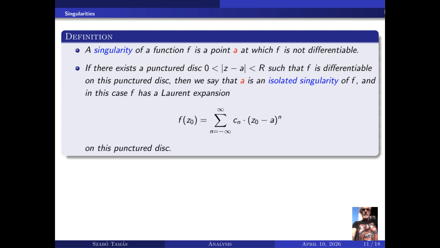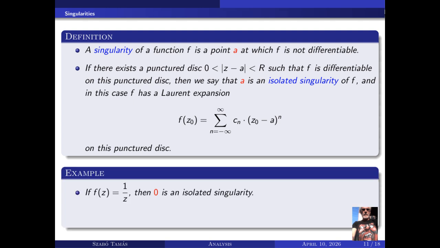In that case, f has a Laurent expansion on this punctured disk. For example, if f(z) = 1/z, then 0 is an isolated singularity. On the other hand, if f(z) = log z, then −1 is not an isolated singularity.